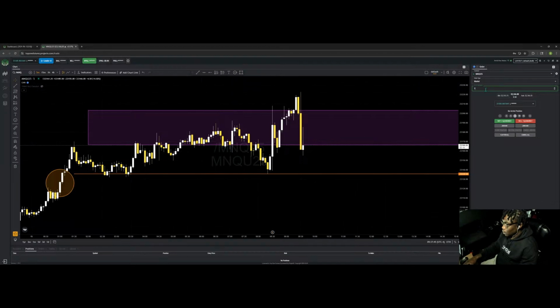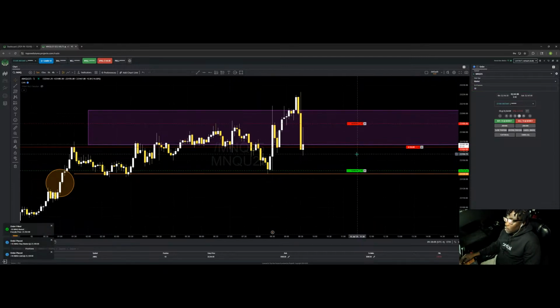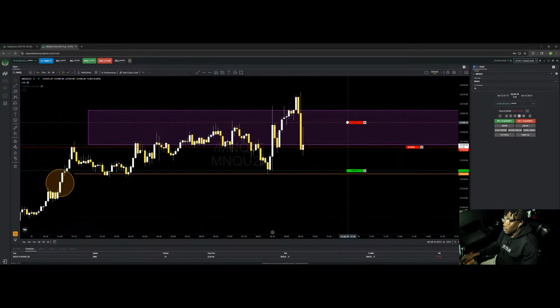Probably gonna lock back in here, for 10. Waiting for this 5 minute to close or to shoot back down. Yeah, so it already filled up some of this area here on the 5.